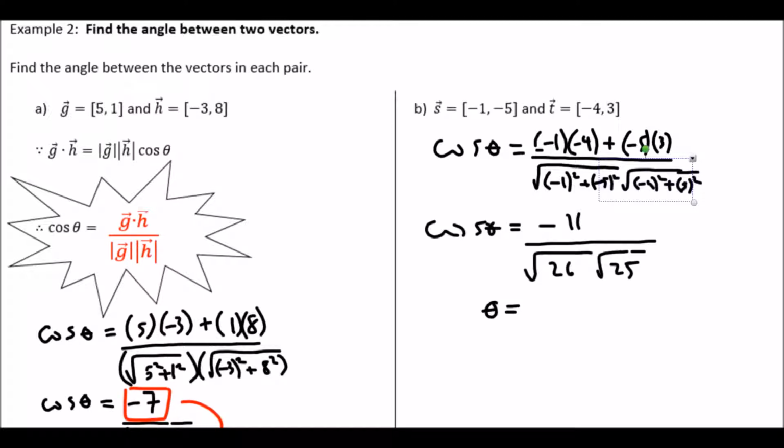So here I get 115.56 degrees. So again, this formula right here, really useful. Now we can find the angle between any two vectors, especially in Cartesian form.